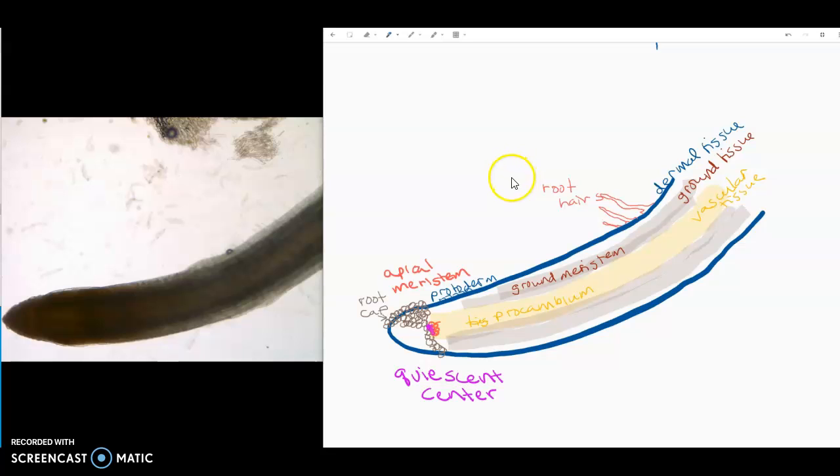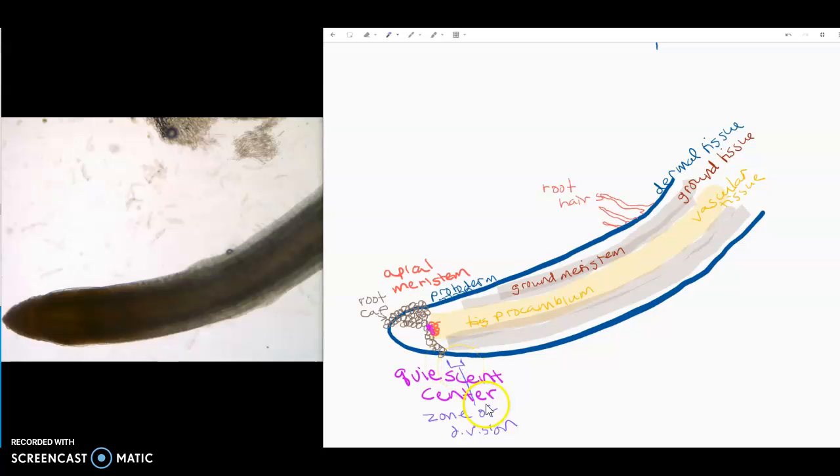In addition to these changes in tissue types as things mature, the root is also divided into zones. And so the zone of division is at the tip here, and it is the area around the apical meristem.